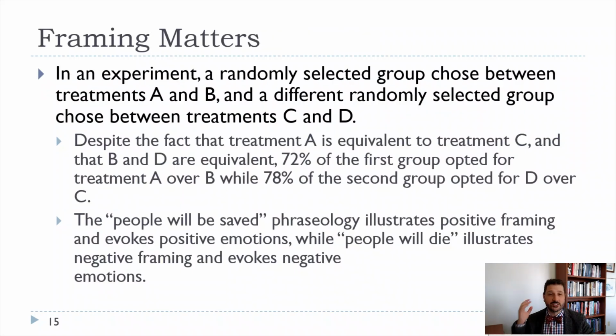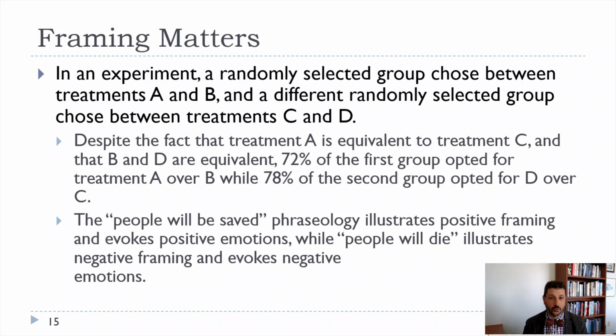In an experiment, if you randomly give some people the choice between A and B and some people the choice between C and D, even though A and C are the same and B and D are the same, you get very different outcomes. 72% of the first group, the A and B group, will choose A over B because it's about 200 people being saved.